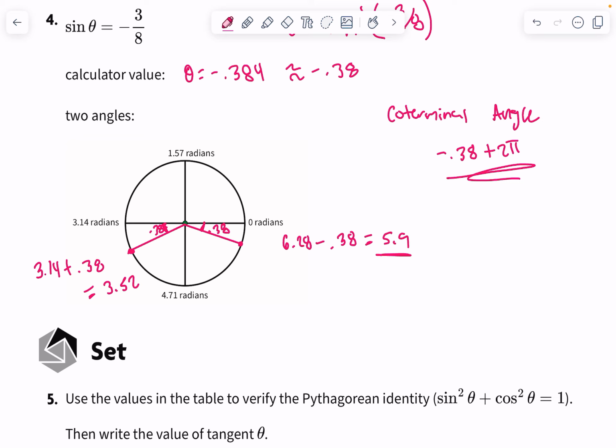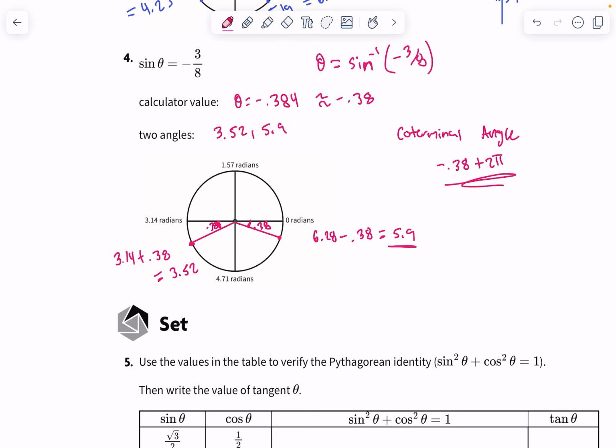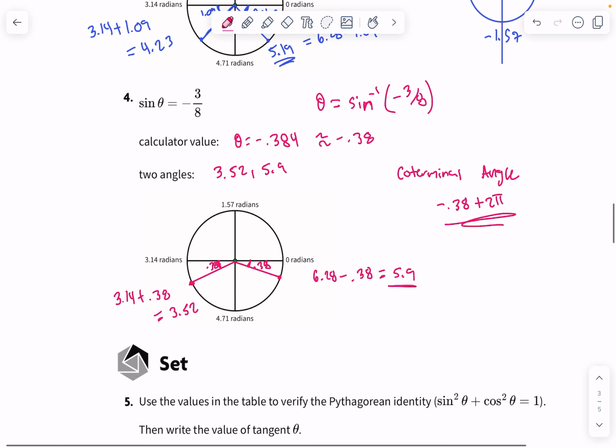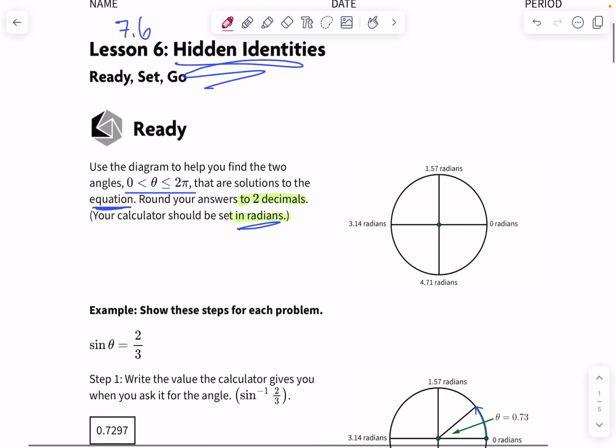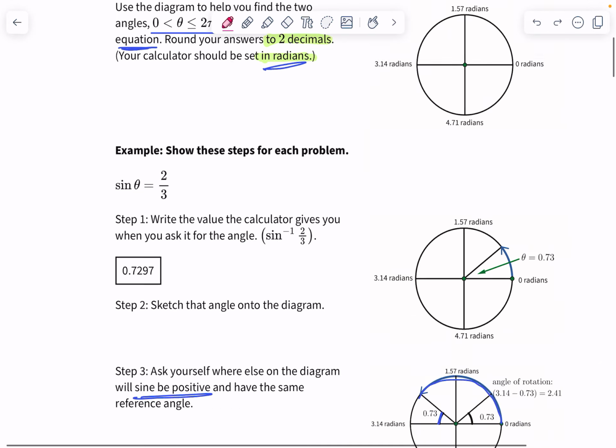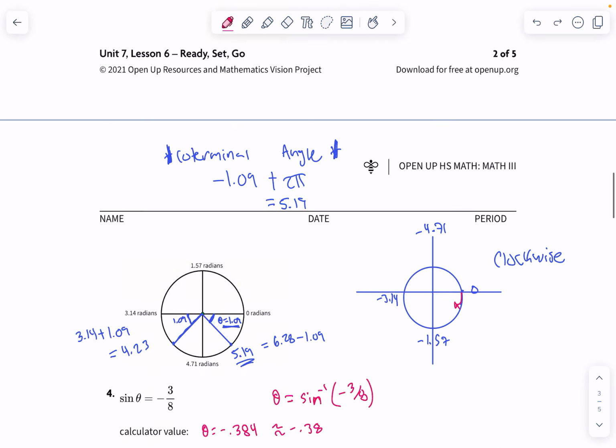So my two angles are 3.52 and 5.9. Those are my positive angles because they wanted us to get angles that were between 0 and 2 pi.